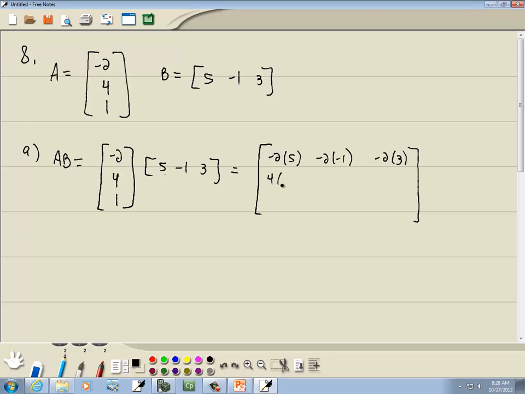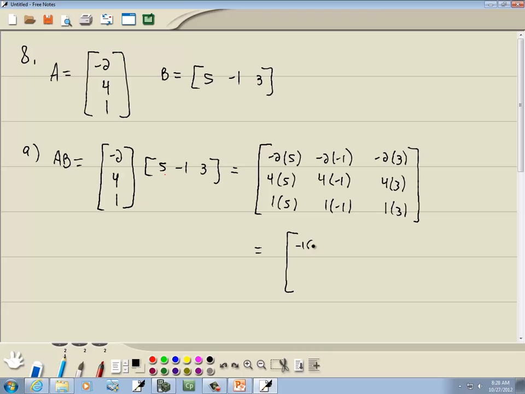So we got 4 times 5. Our second row times our second column. So we got 4 times negative 1. And our second row times our third column. So we got 4 times 3. Then our third row times our first column. 1 times 5. Then our third row times our second column. 1 times negative 1. Then our third row times our third column. And we have 1 times 3.